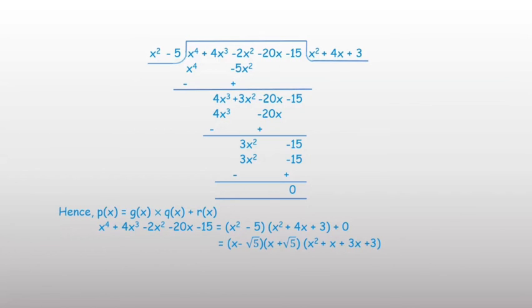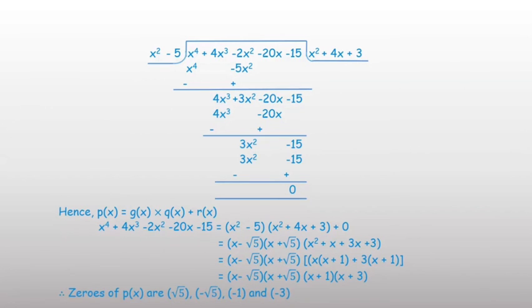Now x square plus 4x plus 3 we have to factorize, split the middle term and continue the process. X common, x plus 1 remains, plus 3 common, x plus 1. Now again x plus 1 common, x plus 3 remains. In this pattern you are getting 4 factors of p(x).